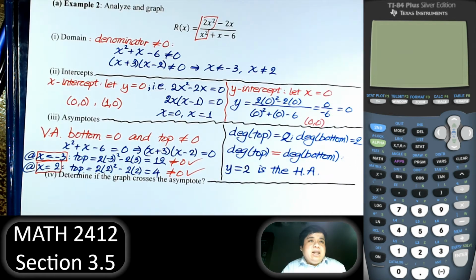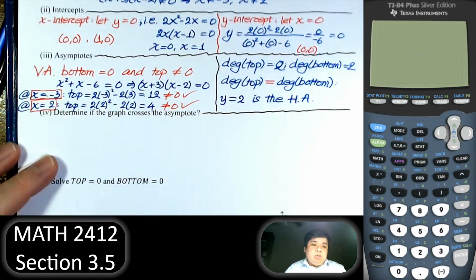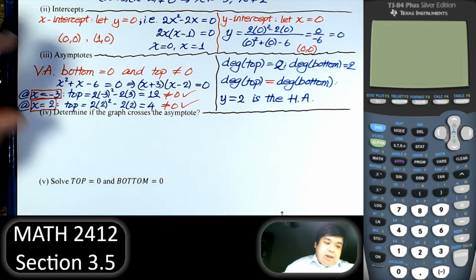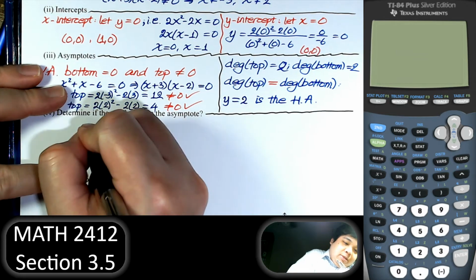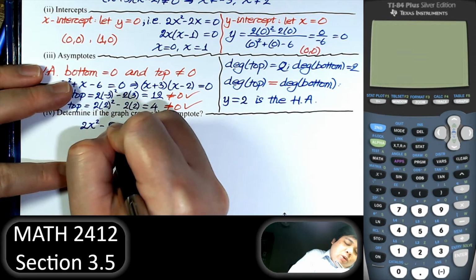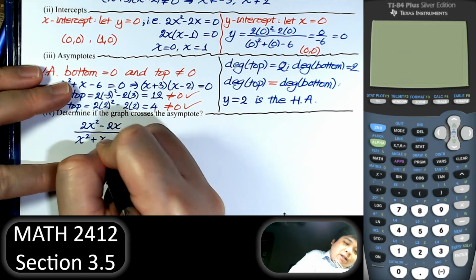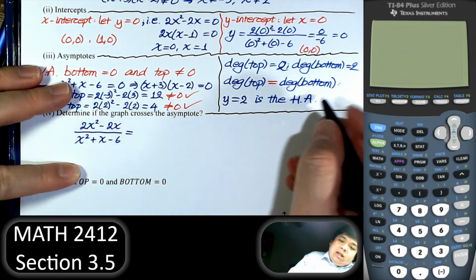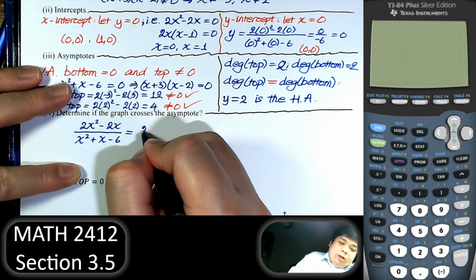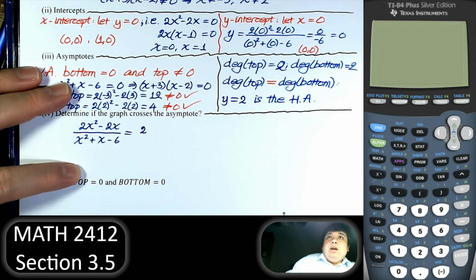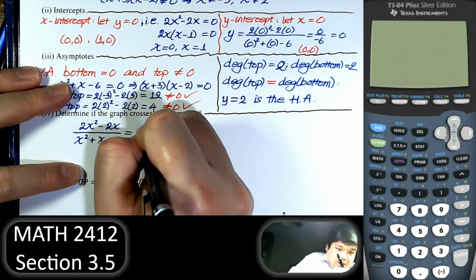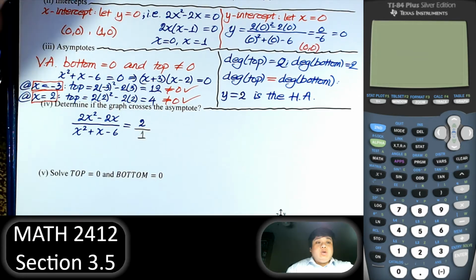Next, determine if the graph crosses the asymptotes. So make that equal to 2 and see: 2x squared minus 2x over x squared plus x minus 6 equal to 2. Just make it the quotient 2 over 1, so we can cross multiply.